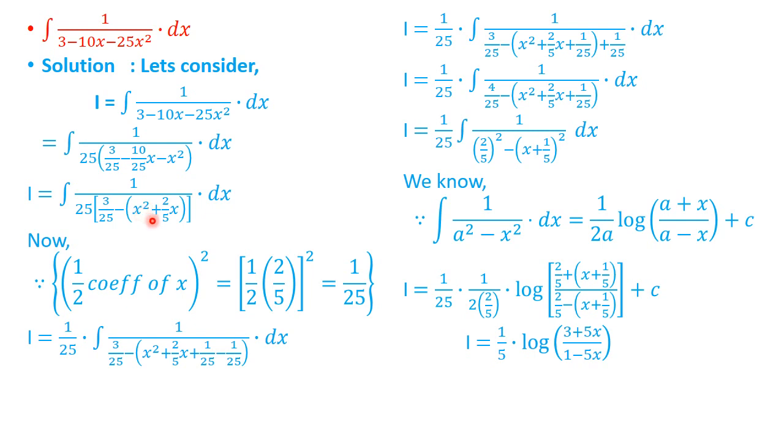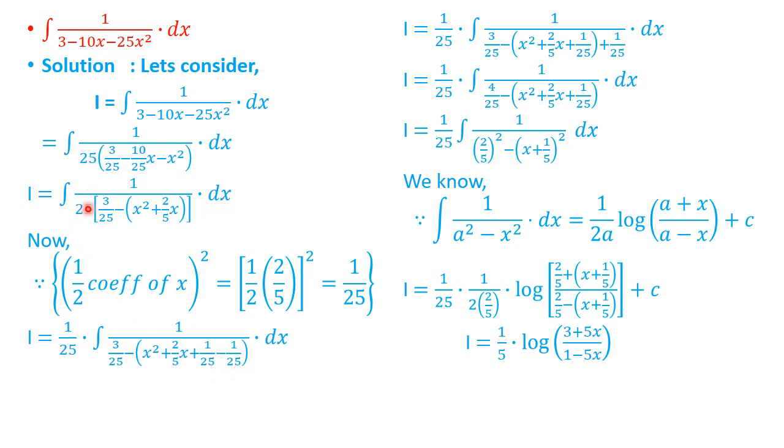Now for this bracketed term, we have to find out a third term. Again using the same formula, the third term is equal to half into coefficient of x, bracket square. So half coefficient of x, plus 2 by 5, bracket square, that is 1 into 2 gets cancelled, 1 by 5 bracket square, that is 1 by 25. So inside this bracket, we add and subtract 1 by 25.